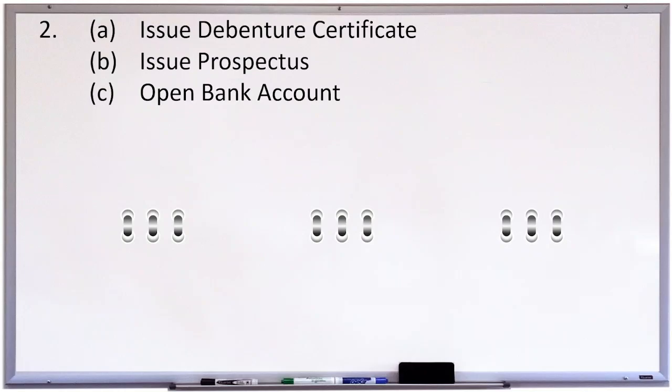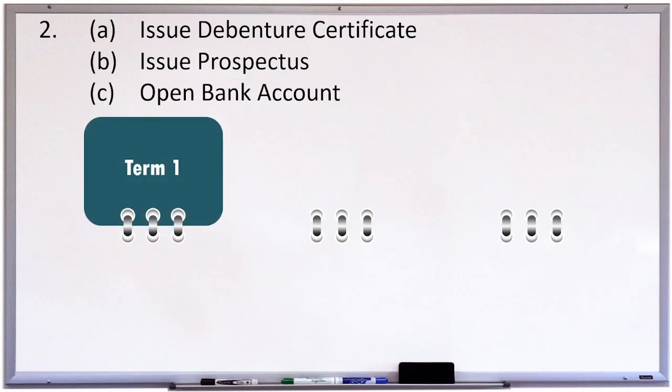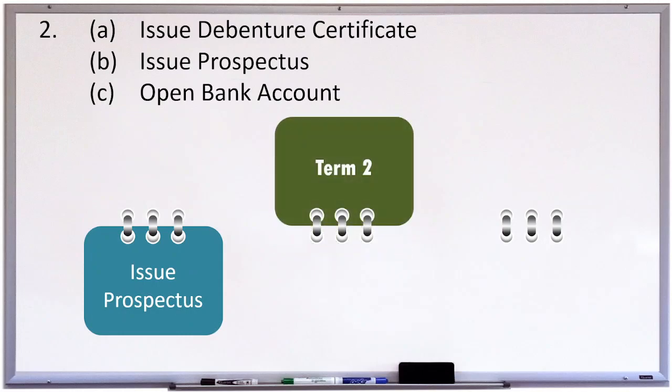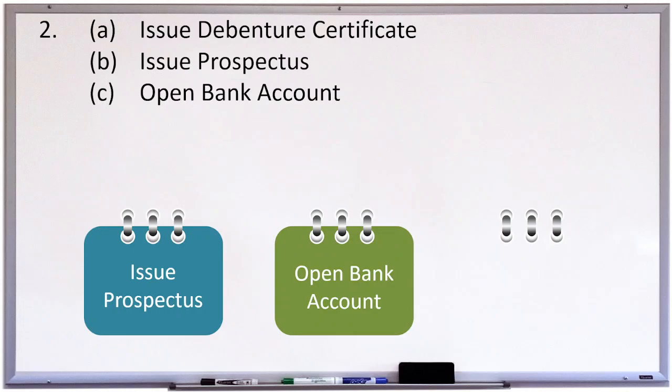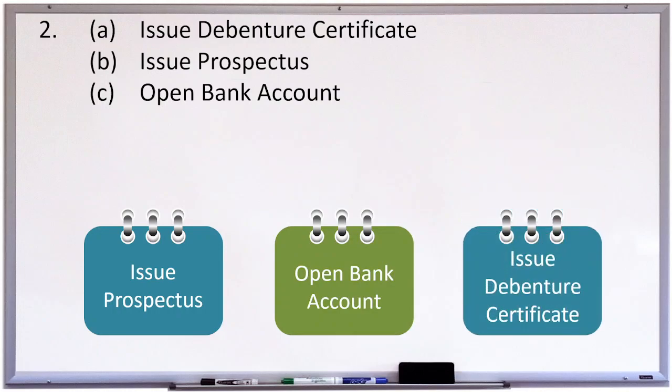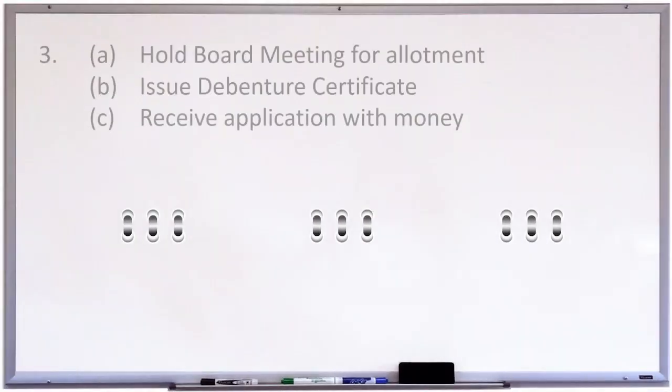2. A. Issue debenture certificate. B. Issue prospectus. C. Open bank account. Term 1. Issue prospectus. Term 2. Open bank account. Term 3. Issue debenture certificate. 3.